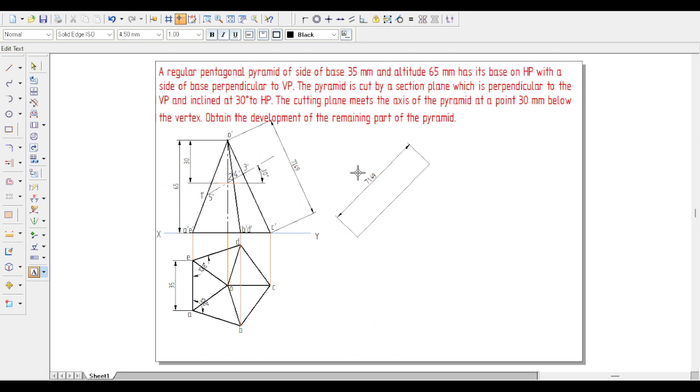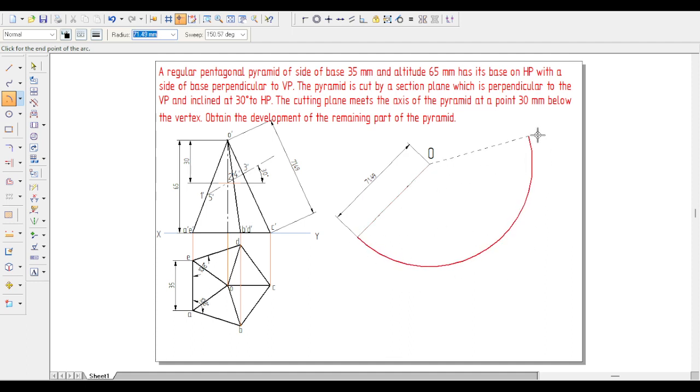This one I am taking as a big O, so it appears good. Let's say here O. Now, taking the radius of this true length, we are simply drawing an arc like this.